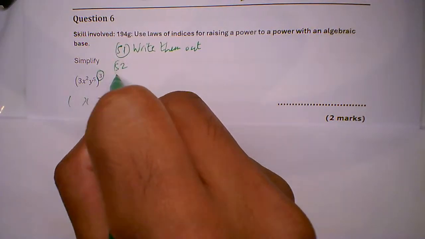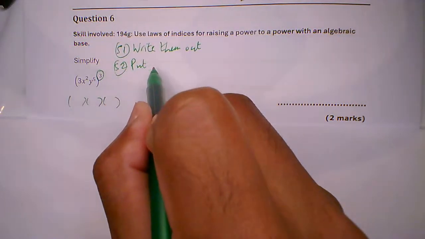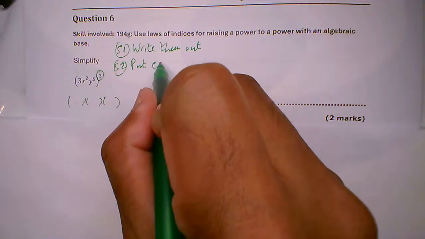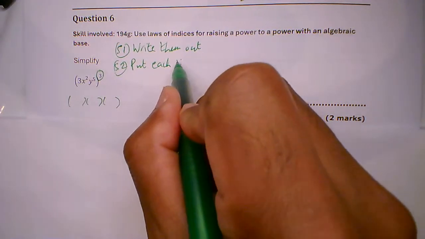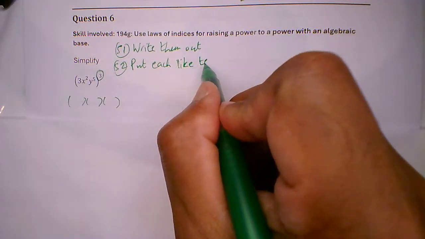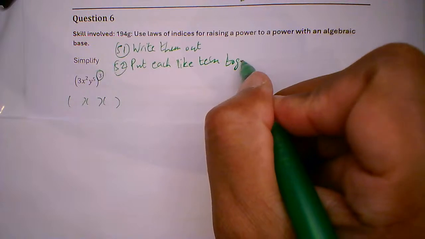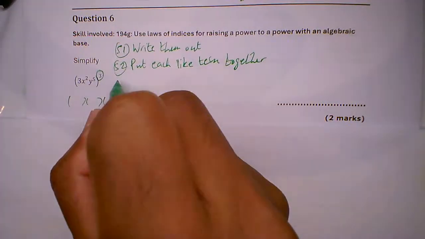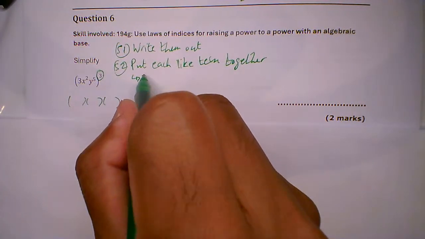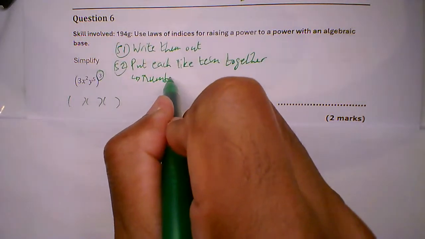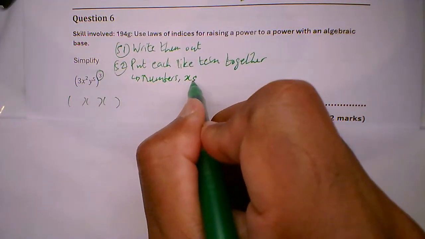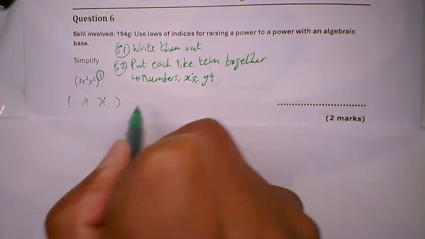Then step 2, put each like term together. And so I'll have the numbers, then I'll have x's, and then I'll have y's.